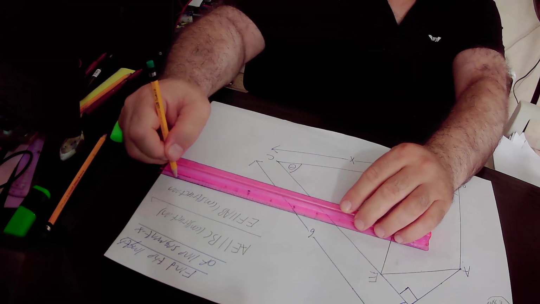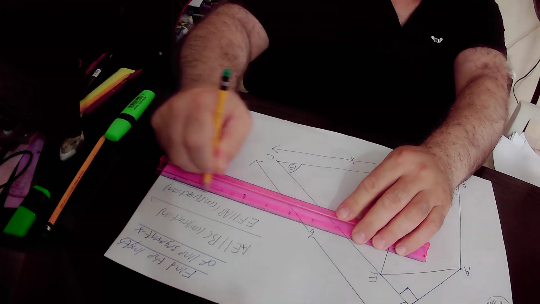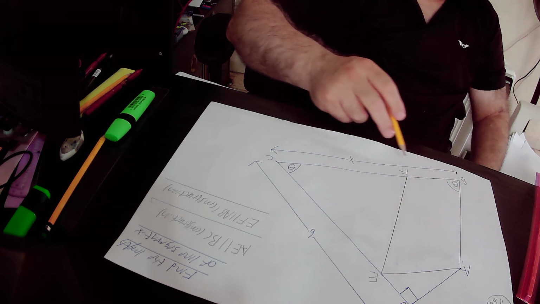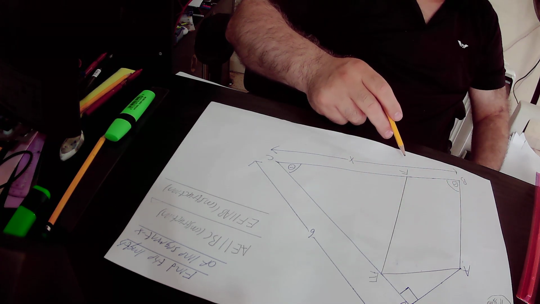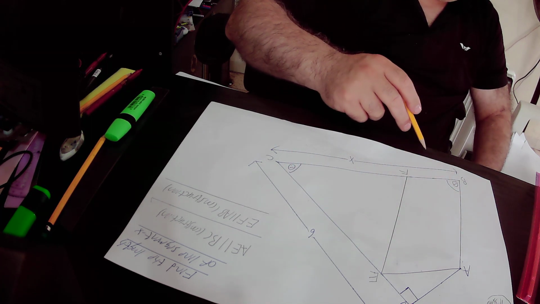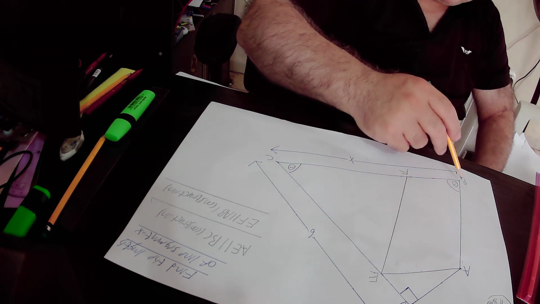So, in conclusion, AE is parallel to BF, and EF is parallel to AB.